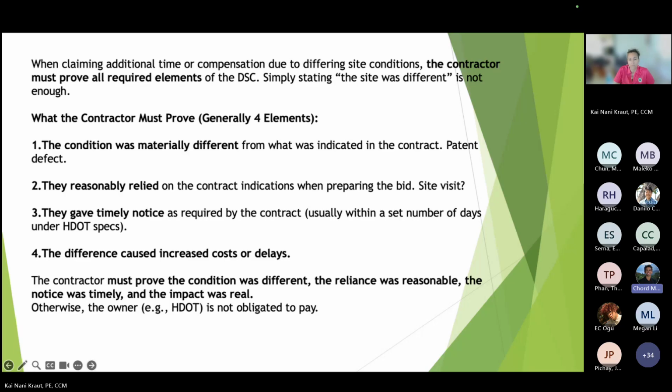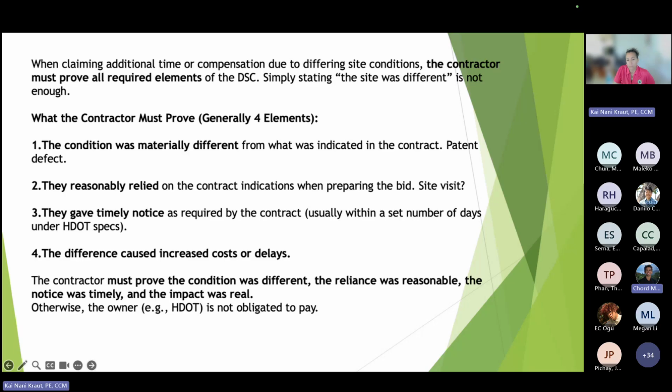Number one, the condition was materially different, and obviously we've said this multiple times now, but the condition must be materially different from what was indicated in the contract. It's not a patent defect. Yeah, just wanted to clarify that.